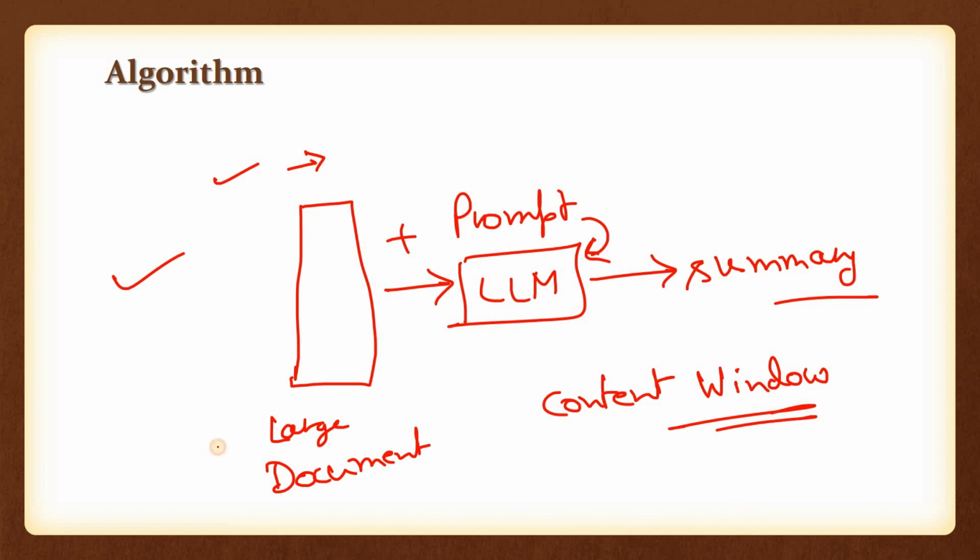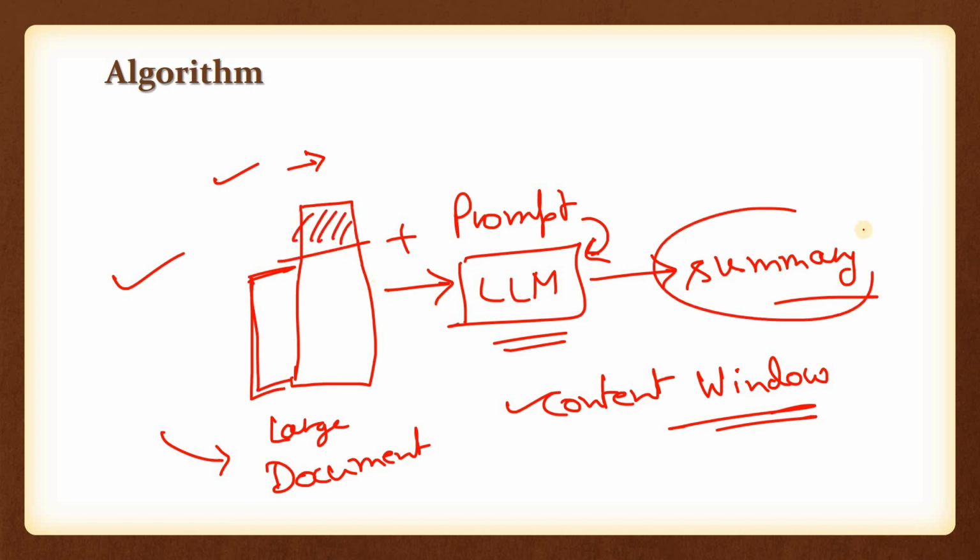Now suppose your document is very big. If you pass that text directly to any LLM model, it might happen that due to the very high length, the number of tokens may exceed the context window, and as a result the model will be able to remember only this much part. This part it may forget. So whatever summary it generates will not be very accurate.